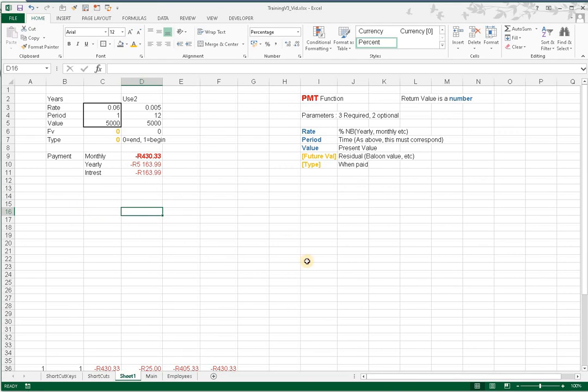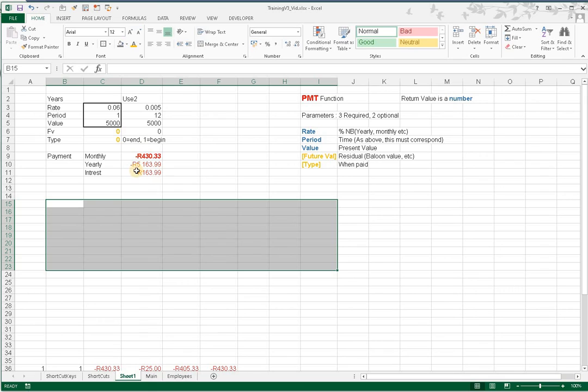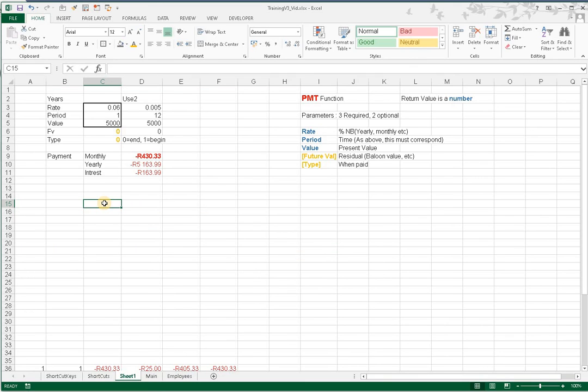You could also make a little table and make the variables. So say, what if the interest goes from 10, 9, 8, 7, 6 percent. You can make a whole table of different percentages and over different years, and then you can see what the result is of a loan with different parameters.